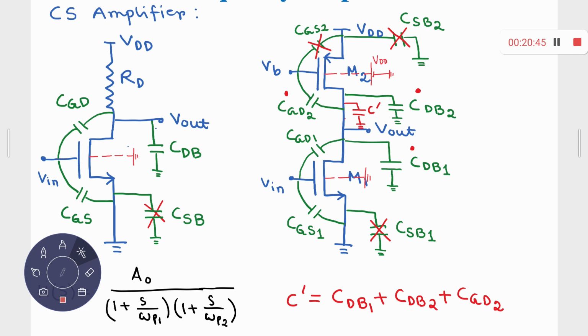So instead of having these 3 capacitors separately, CDB1, CDB2 and CGD2, you can replace all 3 by a single capacitor. That is C dash, connected between D1 or D2 and ground. Obviously, you also have to consider the effect of CGD1, which is almost equal to CGD1.